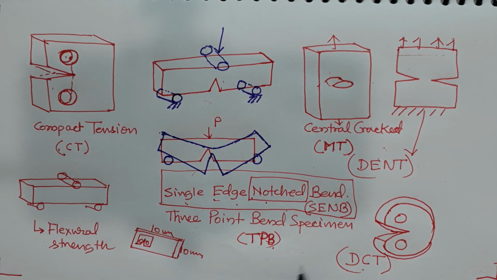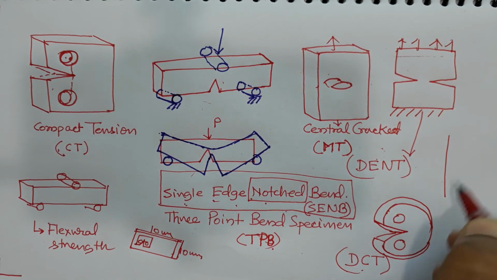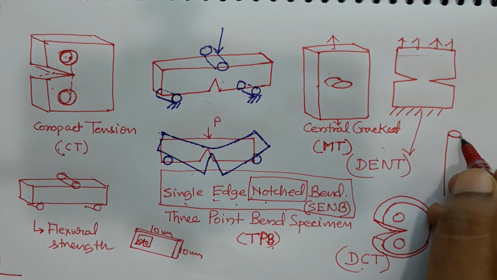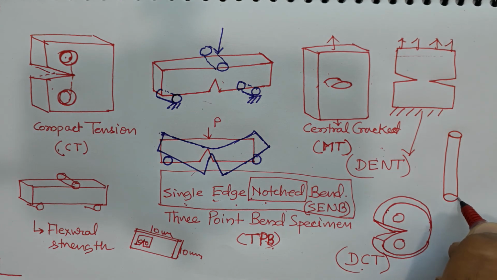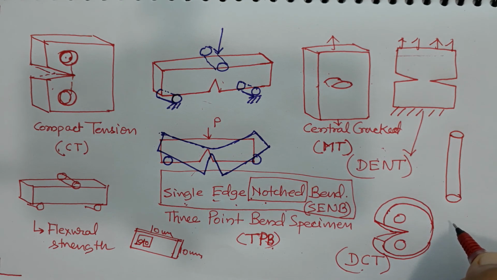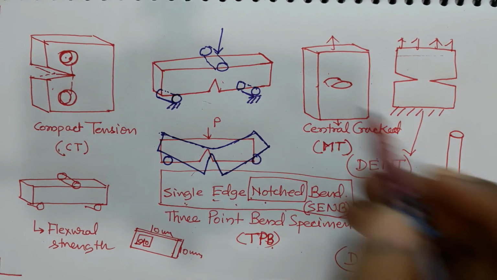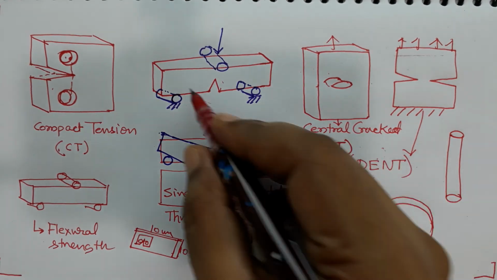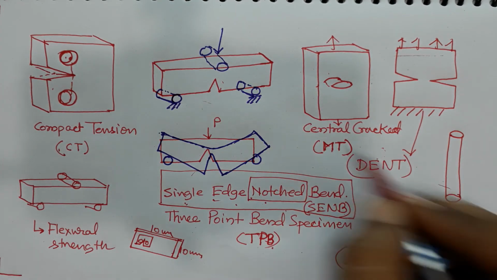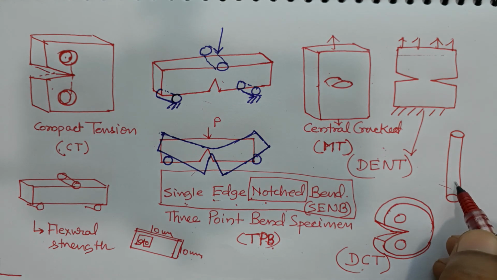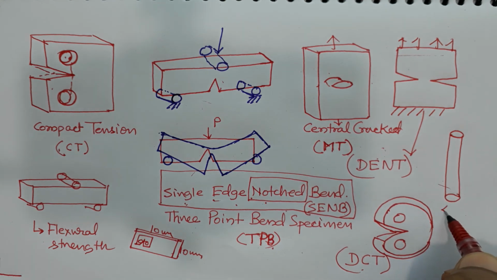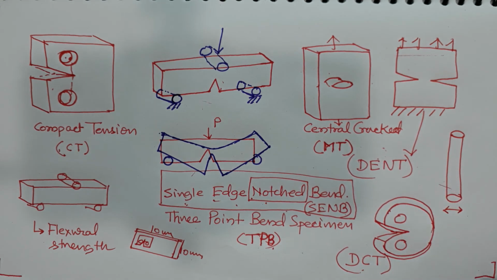But if you are making something in cylindrical form, for example drawing a wire in the lab, can you do this kind of testing? Is it possible to make this kind of specimen out of this? It is not possible, because if you are making wire, then this dimension will be very small.